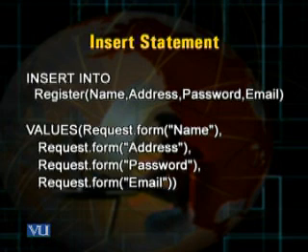That would indicate that the address typed by the user in the text box called address, that information should be inserted in the relevant column in the register table. In the same manner, the value typed as password and the value typed in the text box email, all these four values, they would be recorded in the relevant columns of the table register.